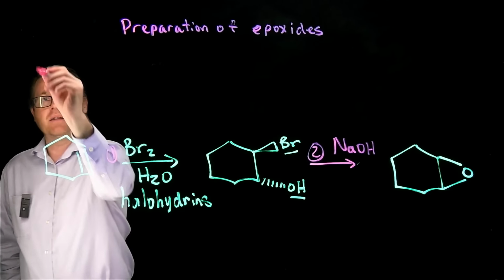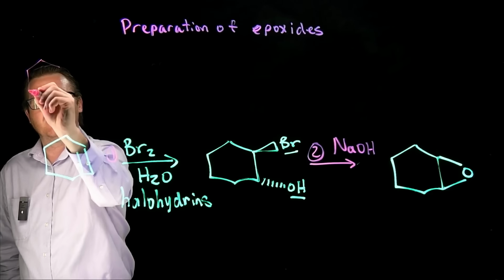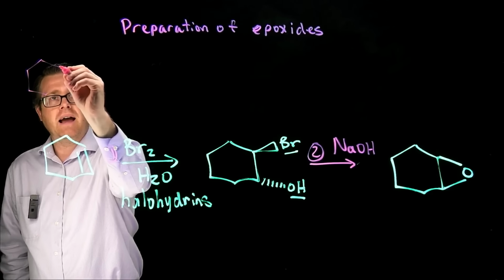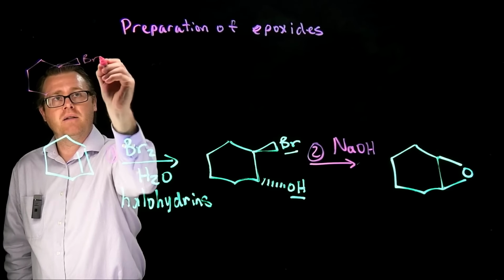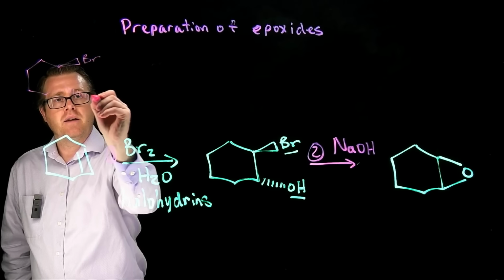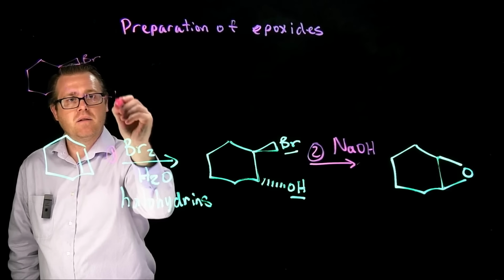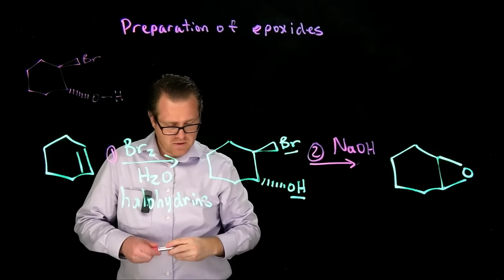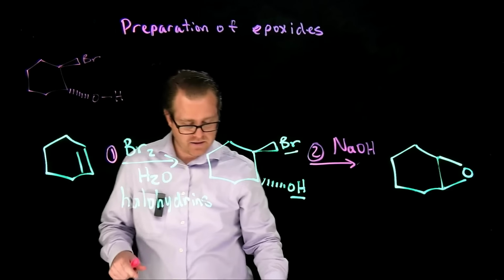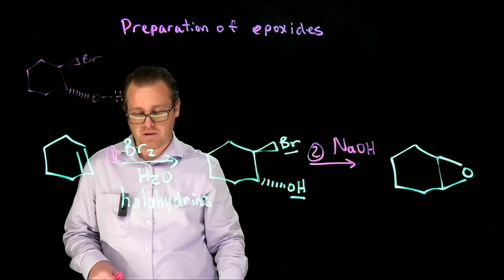Well, if we take a look at the halohydrin, what do we have here? We have a bromine there. And on the opposite side of the ring, we have our hydroxyl. Sorry, it's not a hydroxide, it's a hydroxyl.